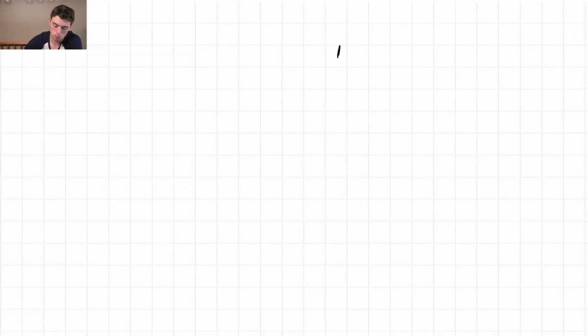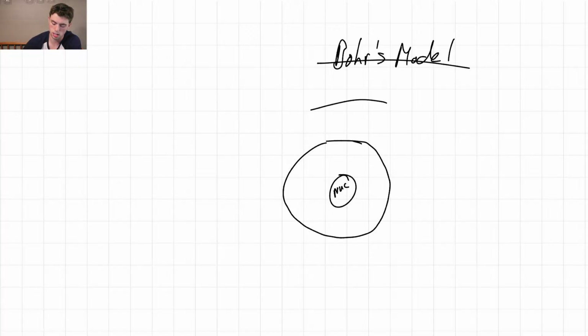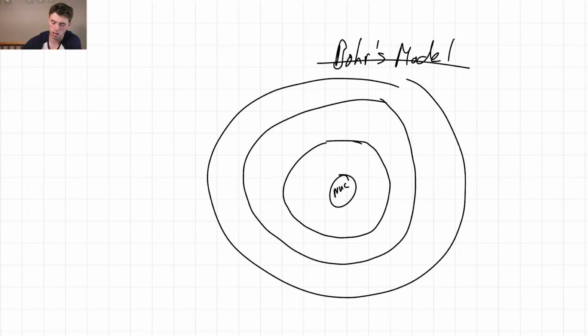Okay, now the fun stuff. I mentioned Bohr's model earlier. Before, they just thought everything was moving in space, so the protons, neutrons, and electrons were all just swirling around. Bohr came out with this idea. We have a nucleus here, and the probability of where electrons were in space was deciphered to be in these general areas that they call orbits.